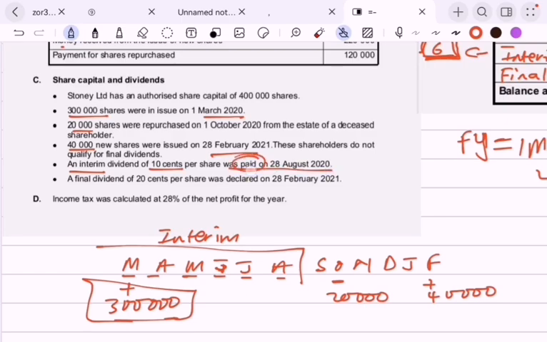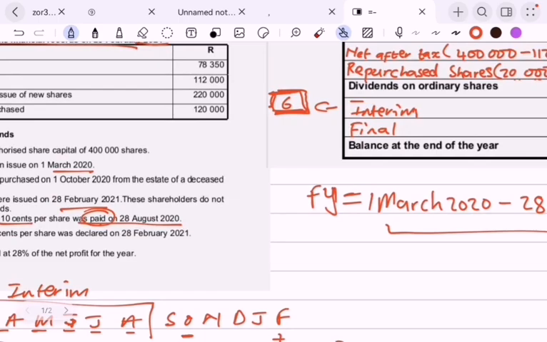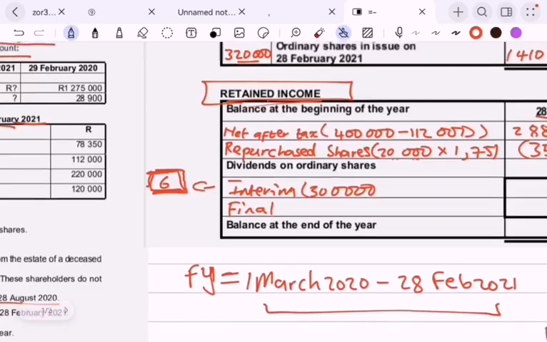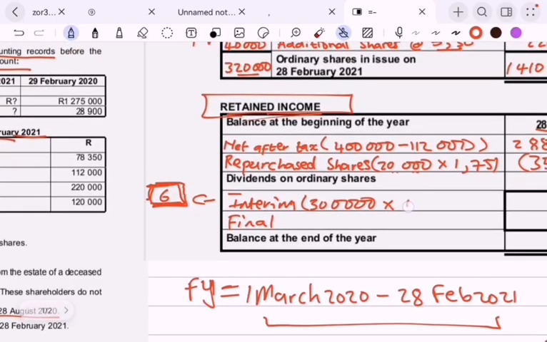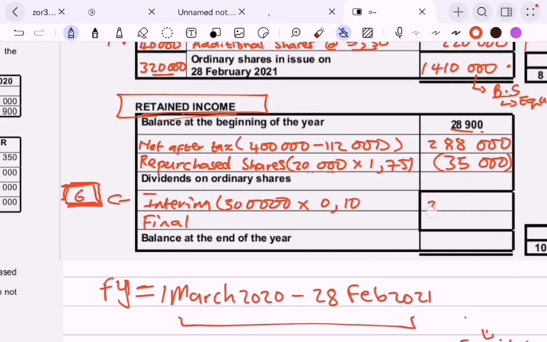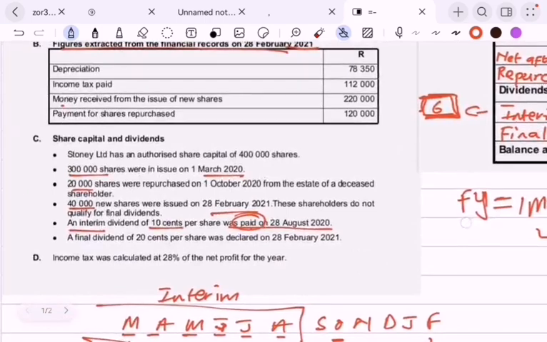It was paid, people. So you say 300,000 multiplied by your 0.10, you punch that inside your calculator, you get your beautiful 30,000. Simple and easy, just like that, right?